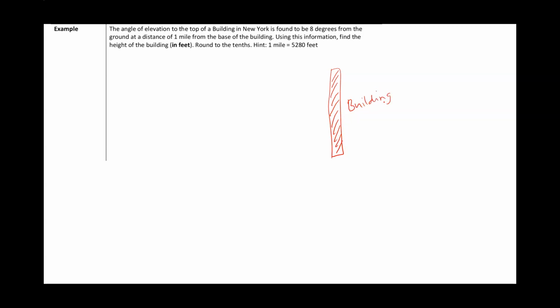And the angle of elevation to the top of the building is found 8 degrees from the ground at a distance of 1 mile. So this here is a distance of 1 mile. And if you're looking up at the building, that angle of elevation is 8 degrees. Using this information, find the height of the building.